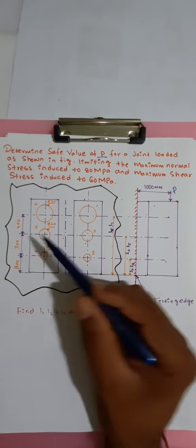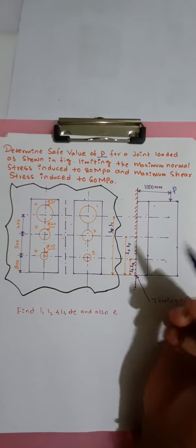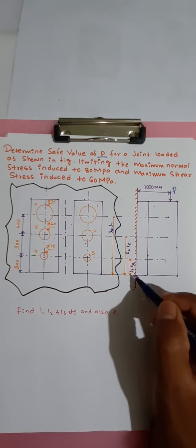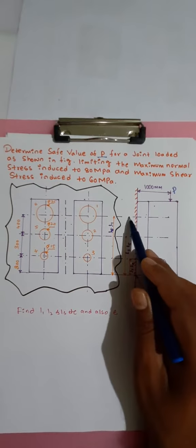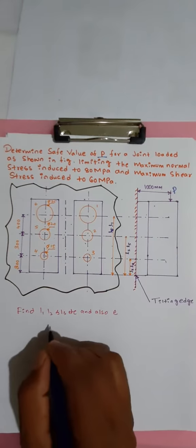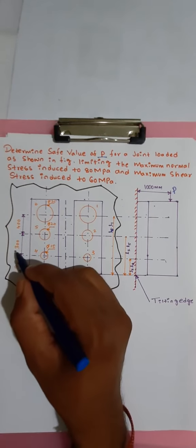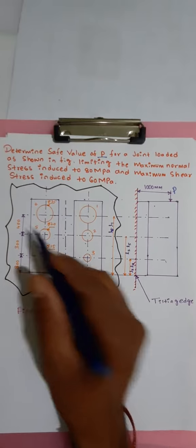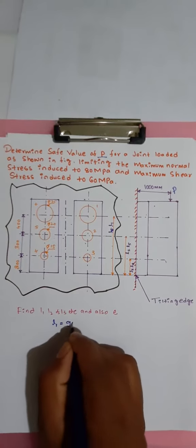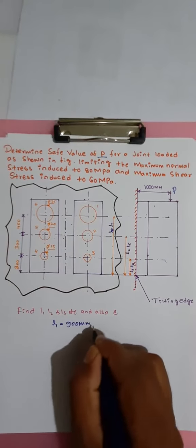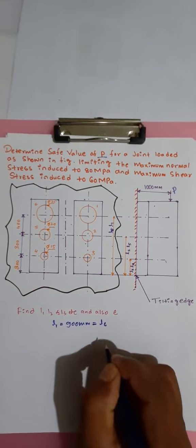Adding these, we get the distance from the tilting edge to the first rivet, L1. L1 is equal to 200 plus 300, 500, plus 400. So L1 is equal to 900 mm, and that is also equal to L6.